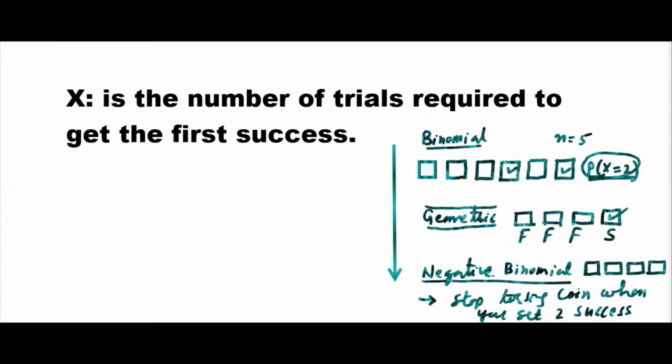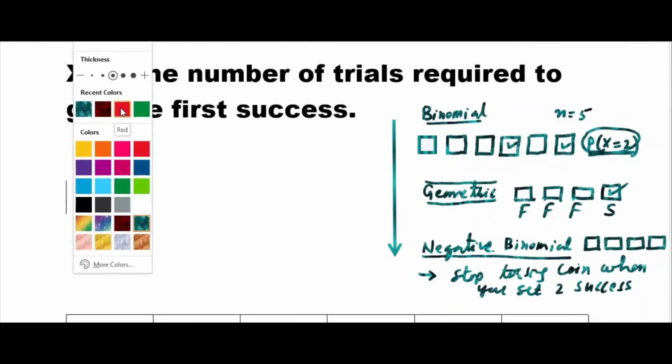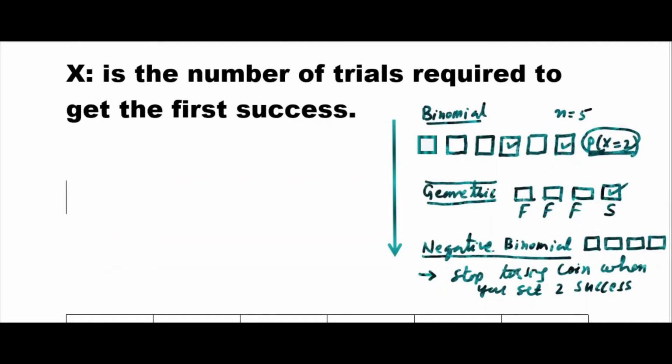Now we'll do it this way. Suppose you appear for one particular exam, you might get a success or you will fail, right? There are two chances. So again, P, Q, all that, they are the same as in binomial.